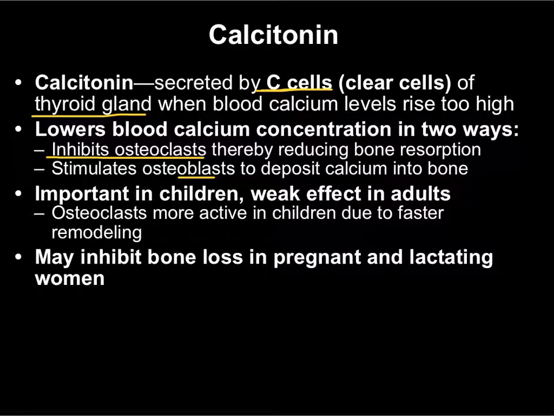In addition, one of the main functions of calcitonin is to inhibit osteoclasts. In children, osteoclasts are very, very active because a part of building bones isn't just laying down calcium, but it's actually sculpting that calcium into place.